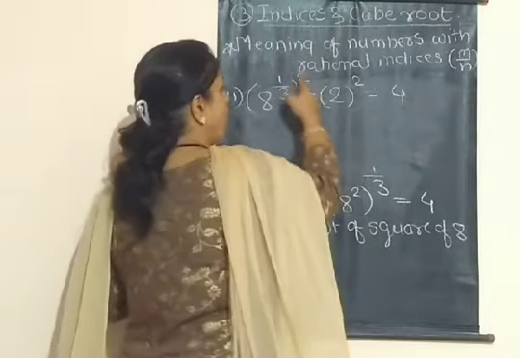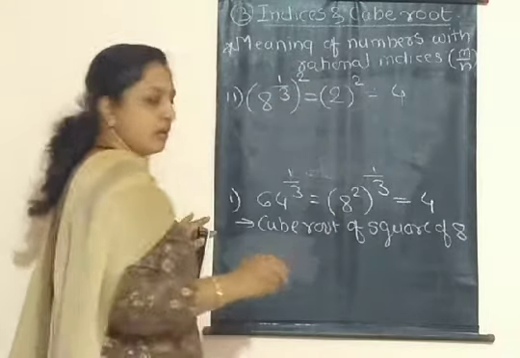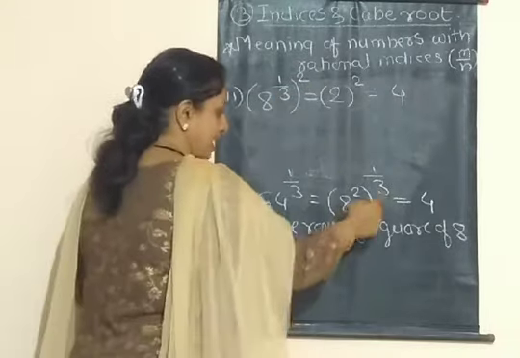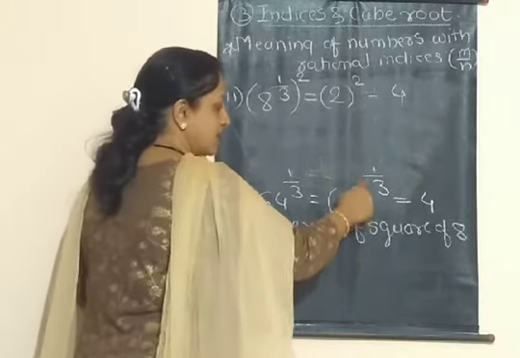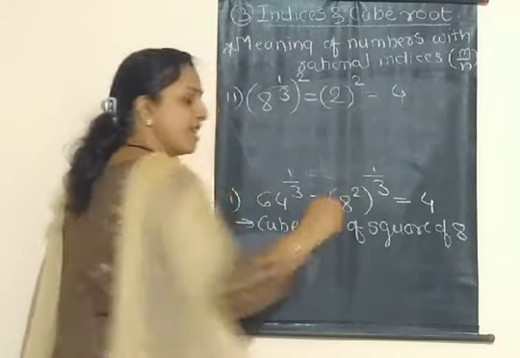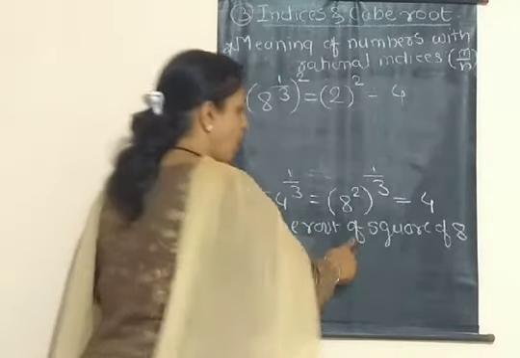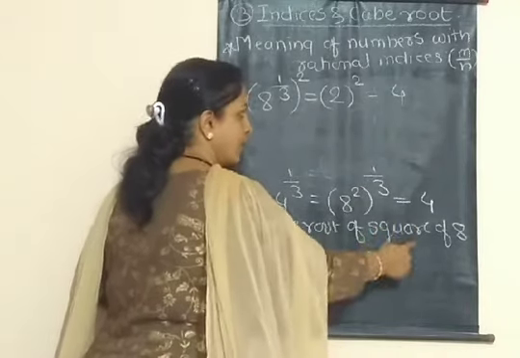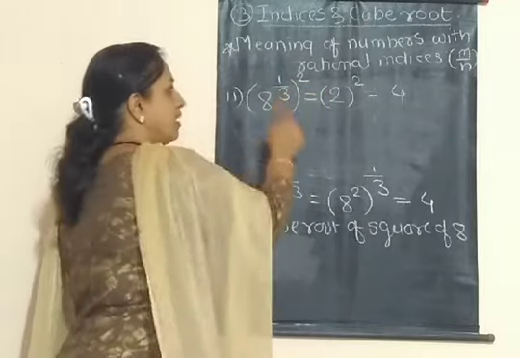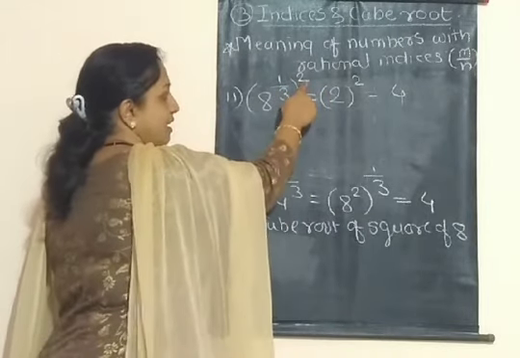Now how to read this number? Here we can read this as the cube root, because that is the 1/3 power. So we write cube root of square of 8. Now how to read this other number?